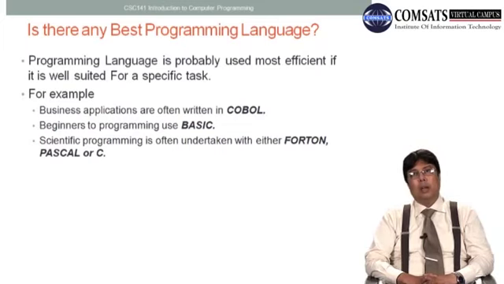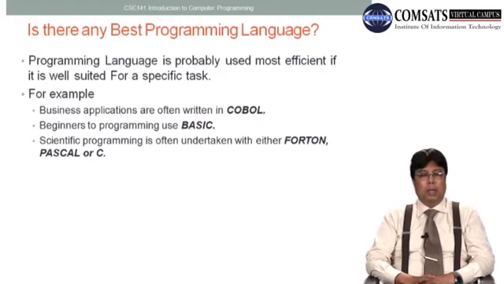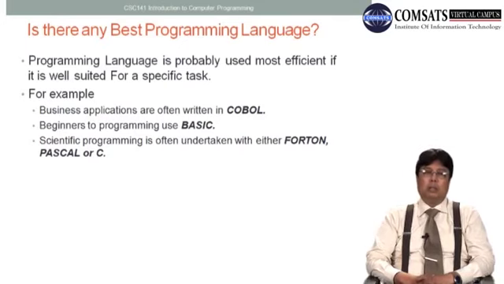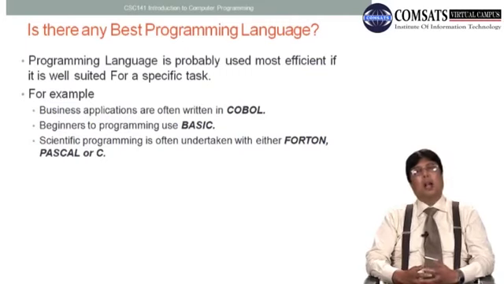In scientific and R&D organizations, people used to program computers using Fortran. It was very popular among them. Then came the C language, and people started preferring C over Fortran for some reasons that I will explain to you. So the different languages are there.